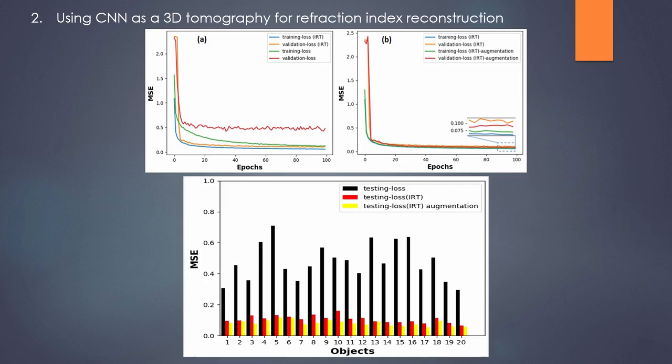So this is for the testing, using the mean square error between the label and the volume that I predict from the model. This one is not using the inverse Radon transform, the red one is using the inverse Radon transform, and the yellow one is inverse Radon transform and augmentation.